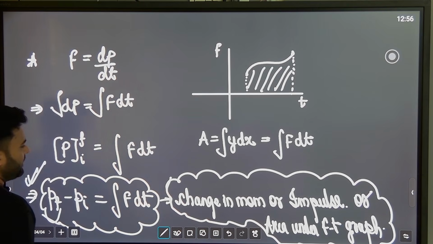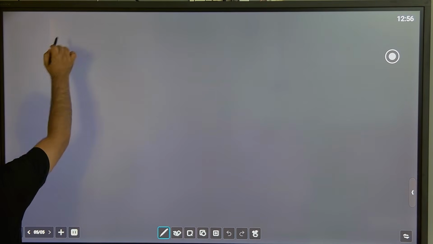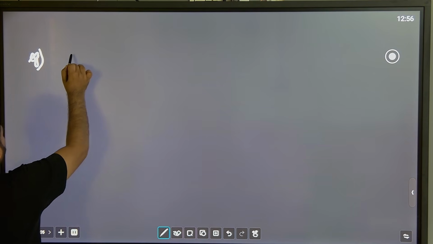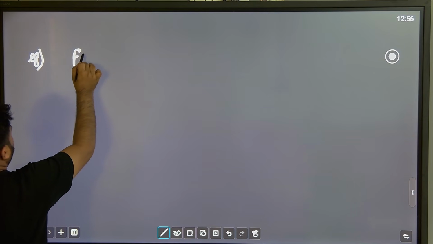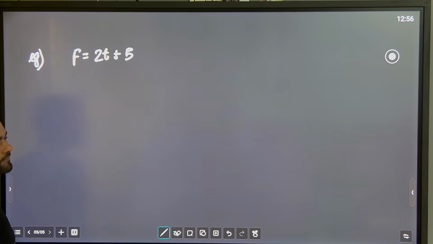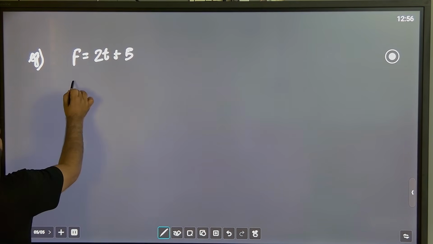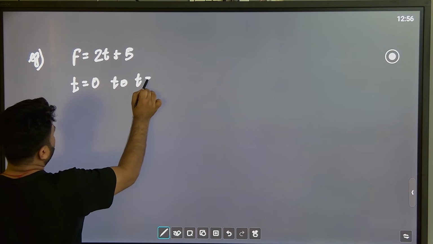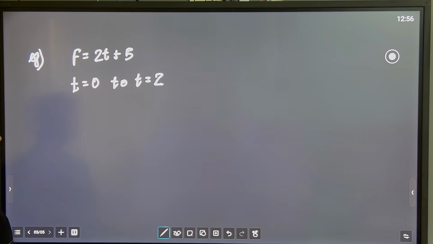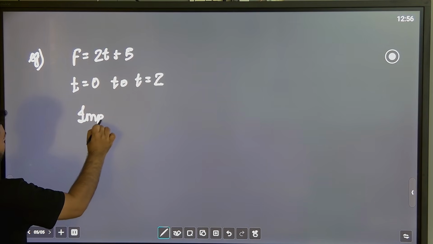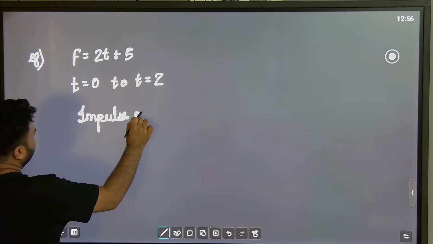For example, they can ask some questions, like f is given as 2t plus 5, from t equals 0 to t equals 2, and they want to know the change in momentum, or the impulse.